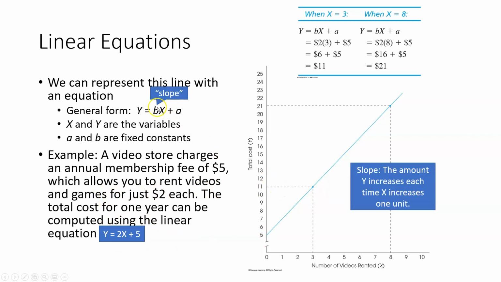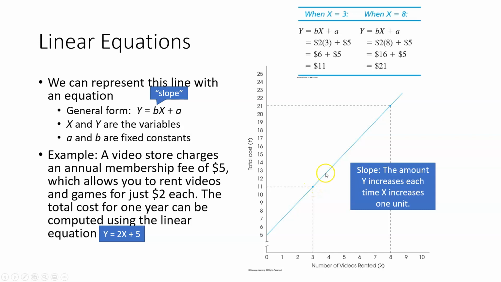Now, B in the equation is the slope of the line. The slope is the amount that y increases each time x increases 1 unit. So if we rent 1 additional video, then our line increases $2. Or, as you can see here, if we go from 3 videos to 4 videos, then the amount we're paying increases from $11 to $13.